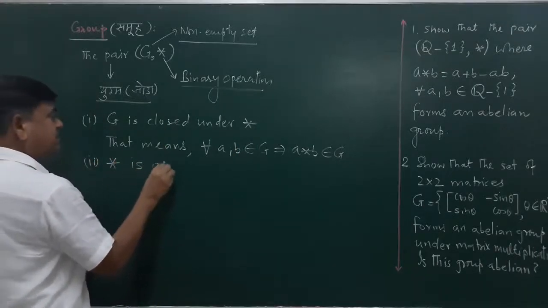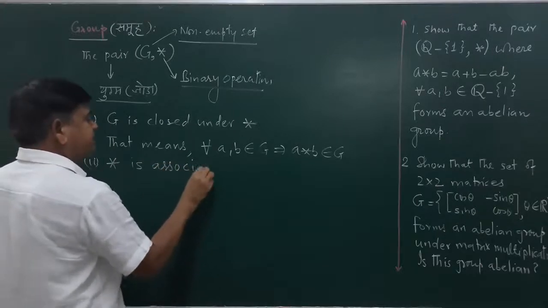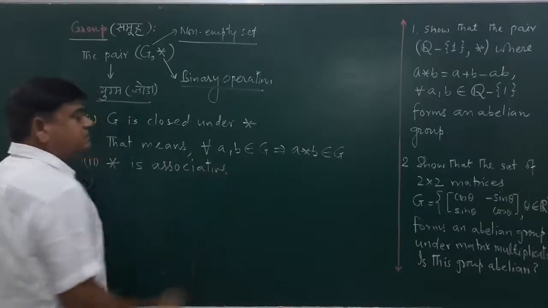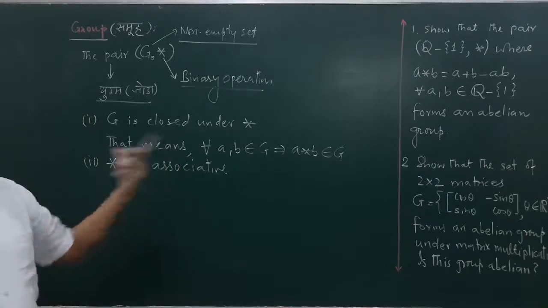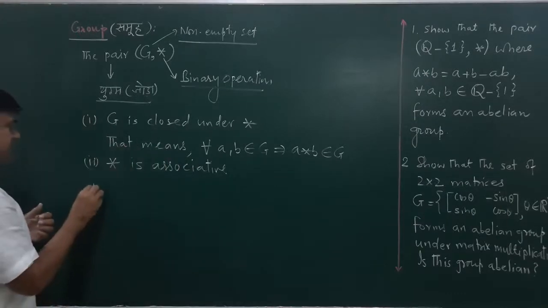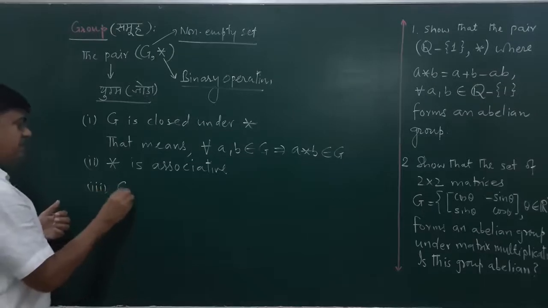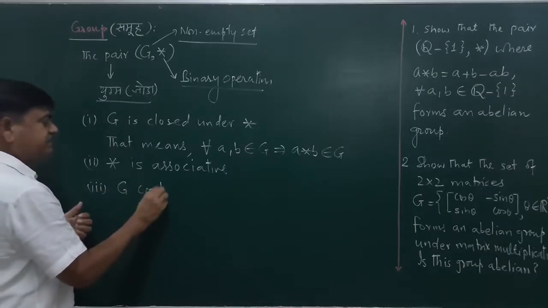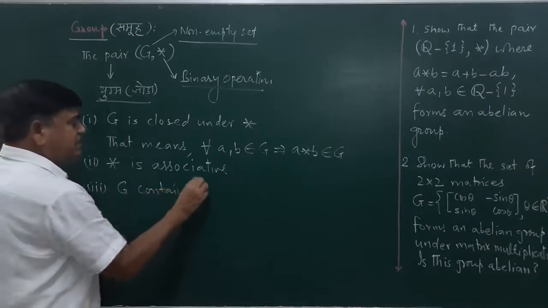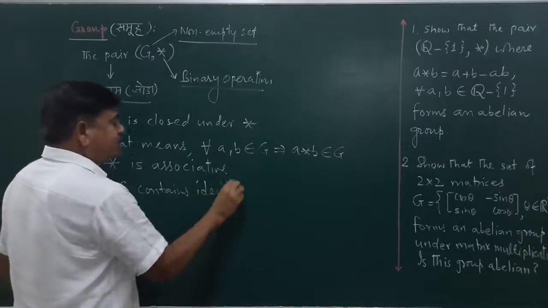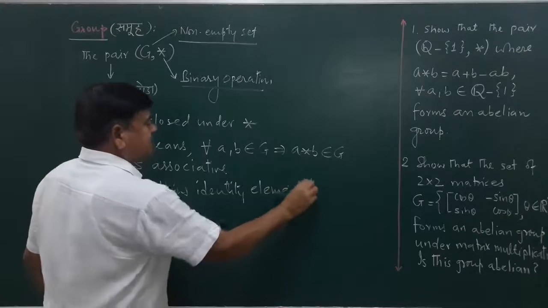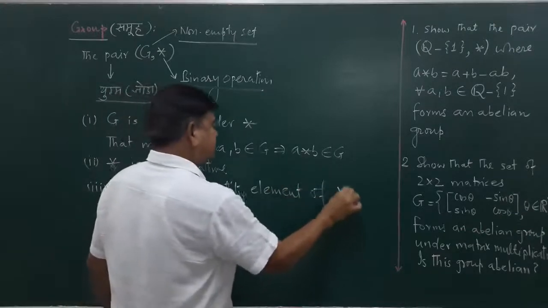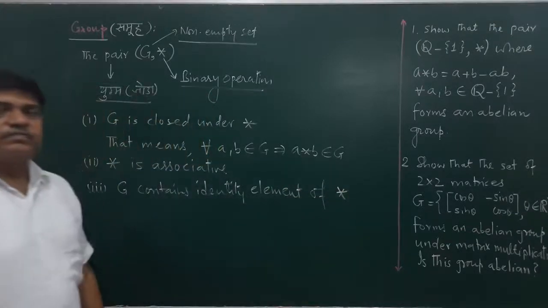Second, star is associative. Third, G contains identity element of this.